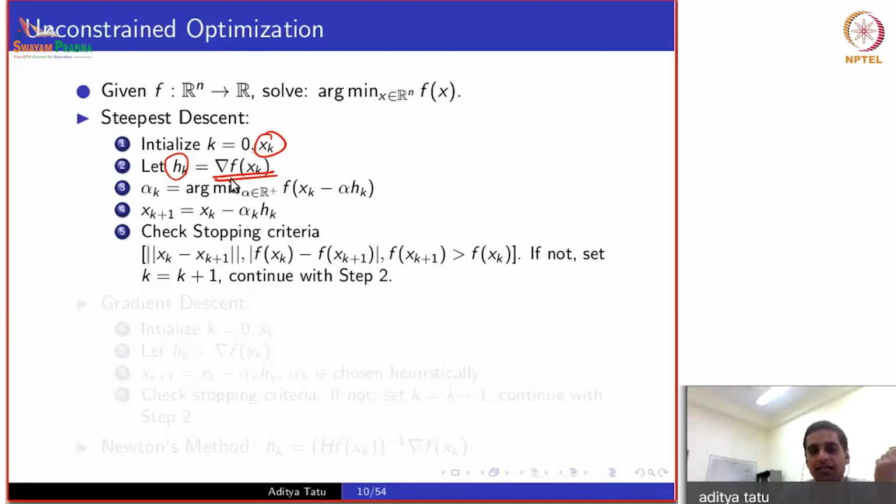I am going to look in exactly the opposite direction, which is why you have a negative sign here. If I look in the exactly opposite direction to hk, I'm likely to reduce the value of the function the most. So I'm fixing this direction, the negative of hk, and then searching: if I stick to this direction only, minus hk, how much should I go in this direction so as to minimize the function?